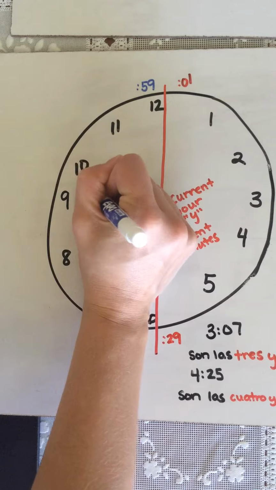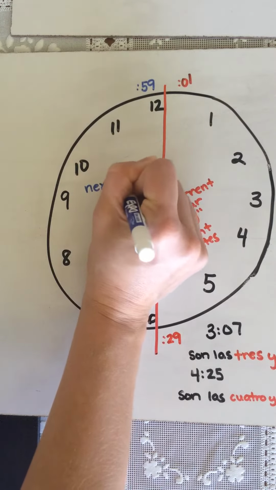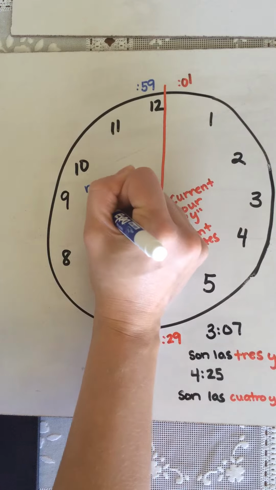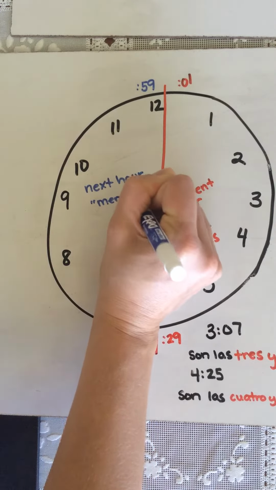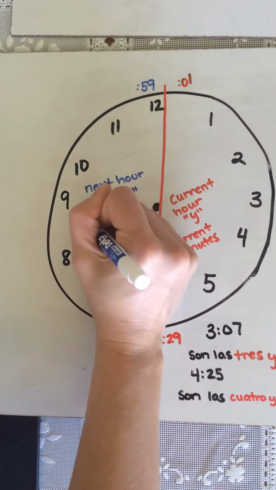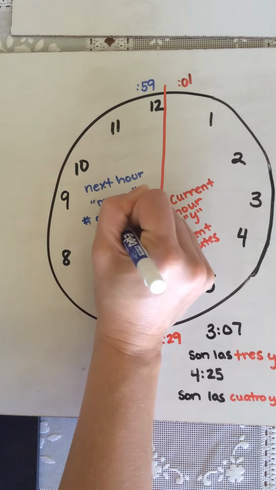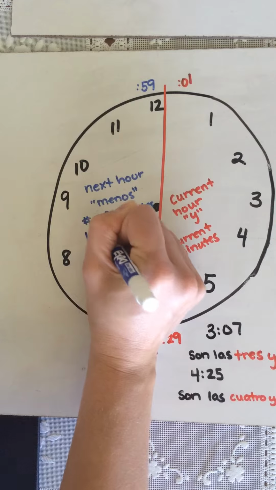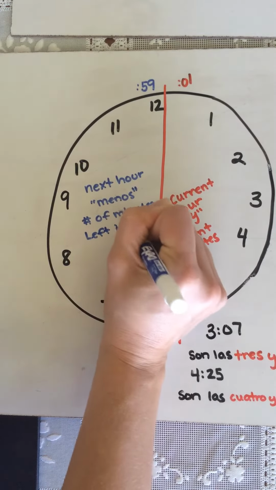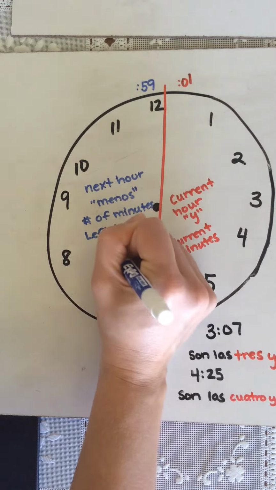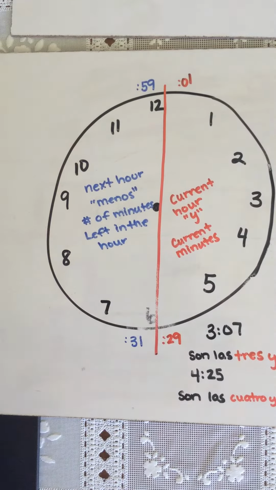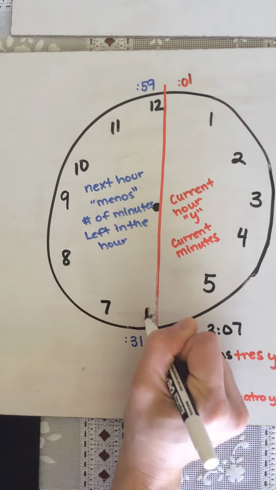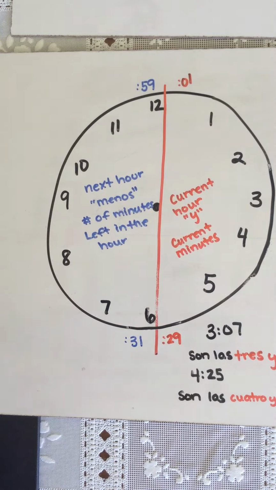We're going to take the next hour and we're going to say menos, which is minus, the number of minutes left in the hour. In essence here we're saying it's 10 minutes till 7. It's 10 minutes till 4.